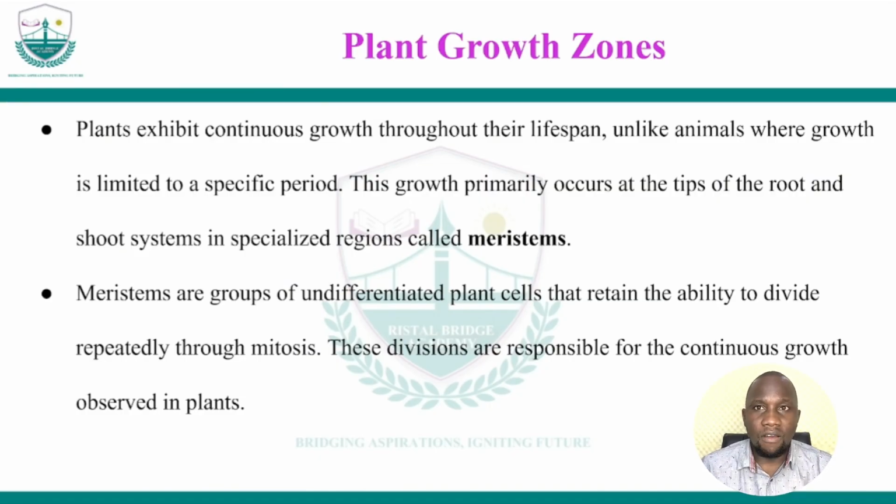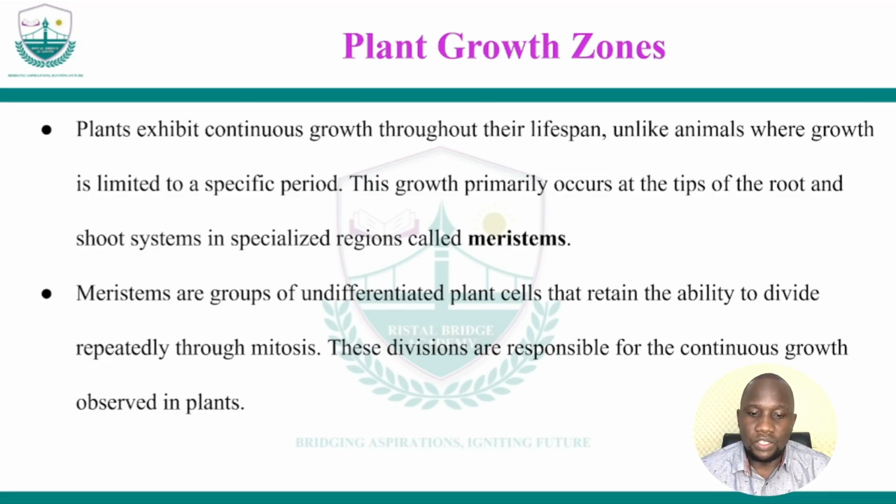Plants have what we call continuous growth, and this means that they do not have periods where there is no growth. There is always growth throughout their life span. Okay, and that is why we are saying that the growth is continuous. For animals, growth happens during particular periods.